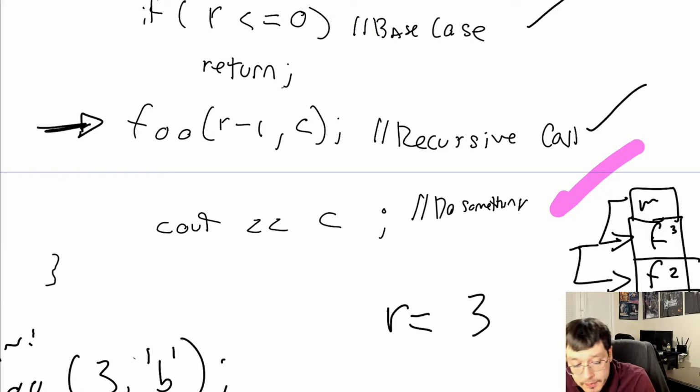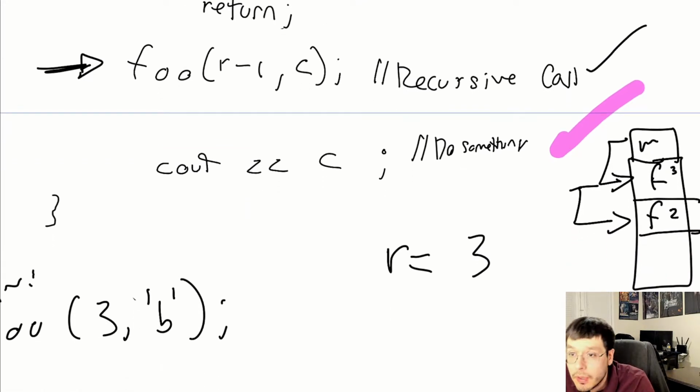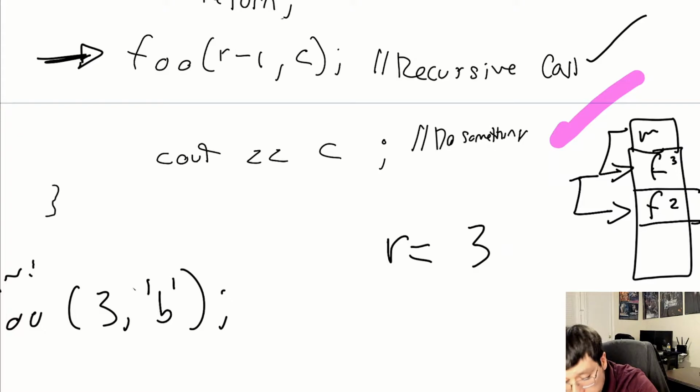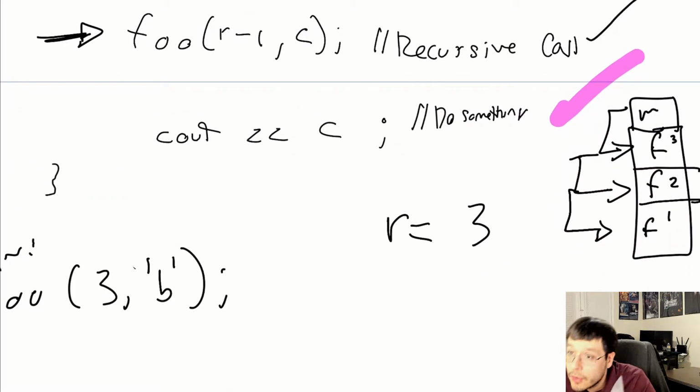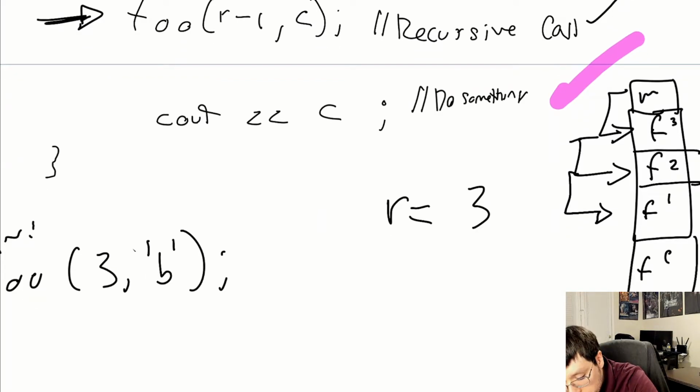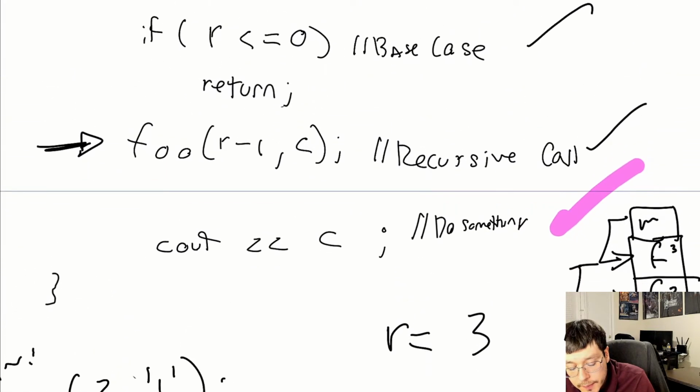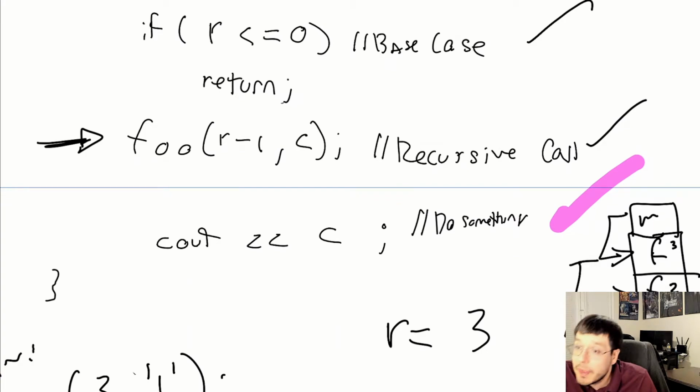It's not, so it goes on to another recursive call and makes yet another F. Same scenario, still not less than or equal to 0, so it makes another F. See, there's no printing going on right now. We go to 0. Now, when r is equal to 0, we hit the base case, and we see that r is less than or equal to 0, so in this case, return.